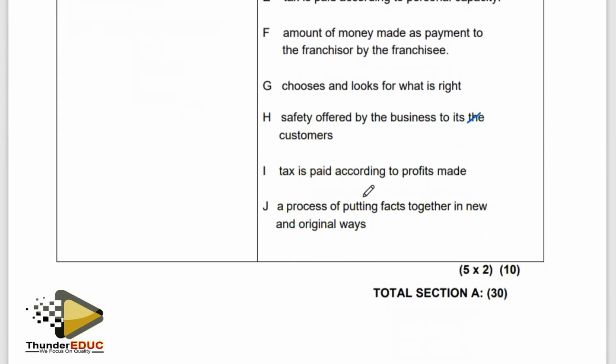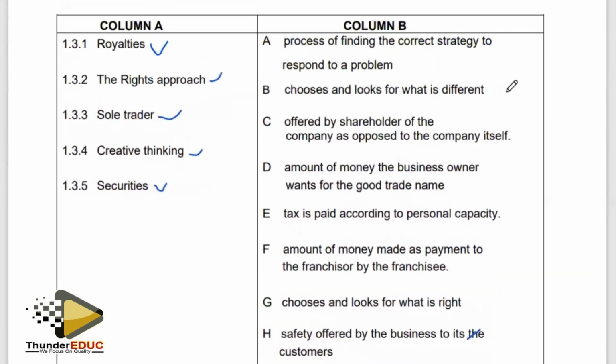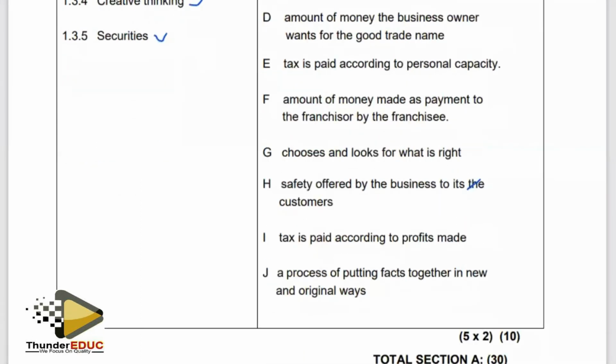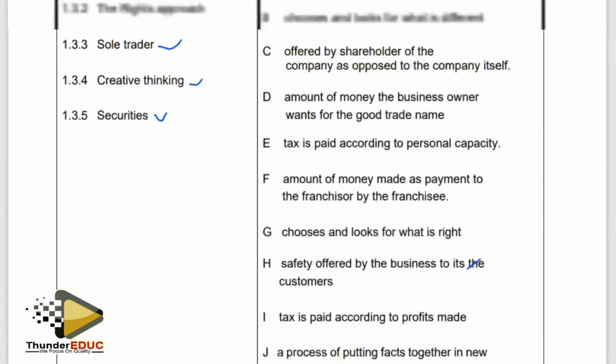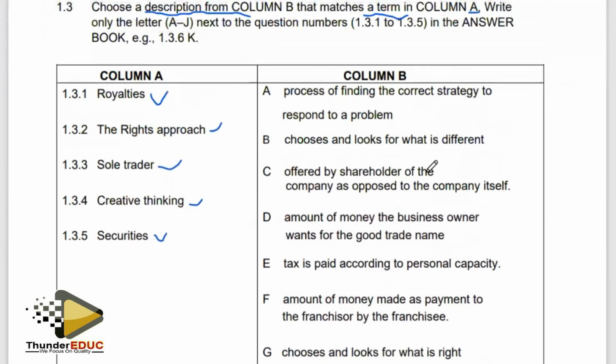A tax is paid according to profits made. Is there anything related to this description from the column of terms? No, we don't see anything there. You can come here and say a process of putting facts together in a new and original way. Yeah, there's something I saw here.